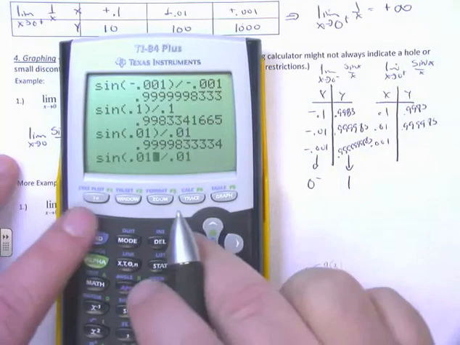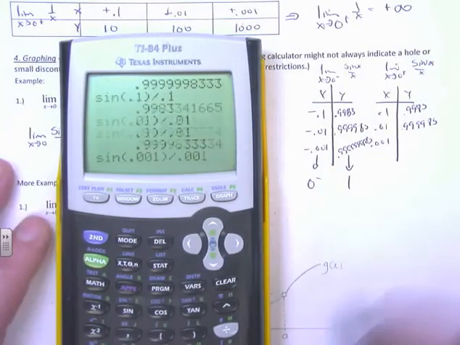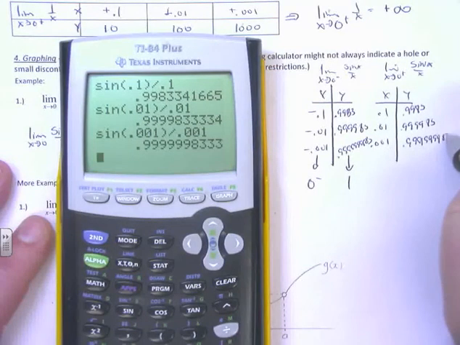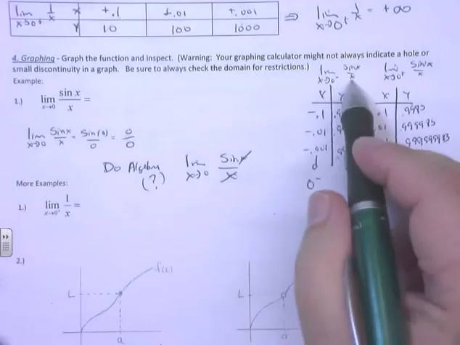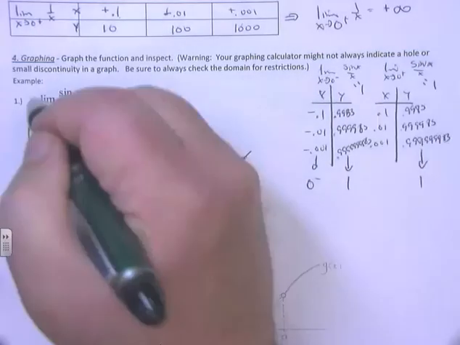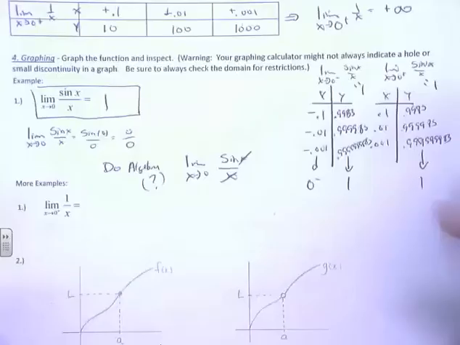And you notice I'm getting the same numbers again, whether it's negative or positive. I get 0.999999983, which again is approaching 1. So as my limit from the left approaches 1 and the limit from the right approaches 1, what will the full limit approach? 1, because the limit from the left is equal to the limit from the right.